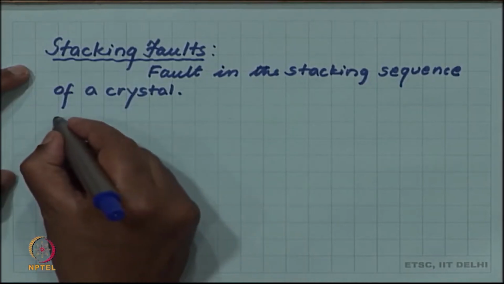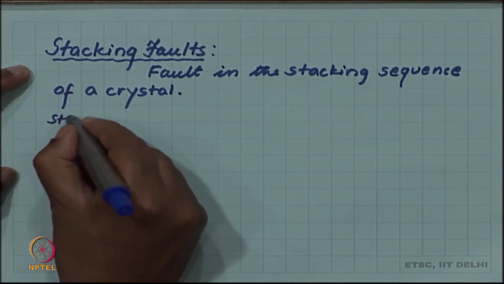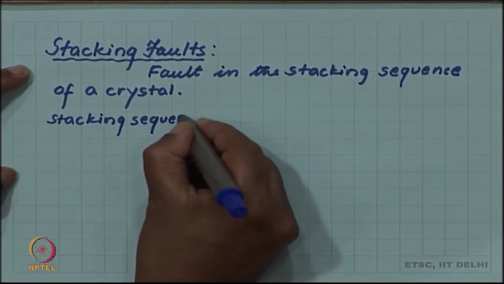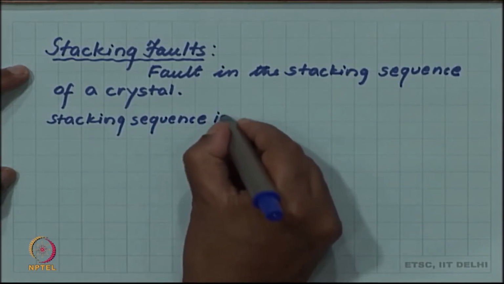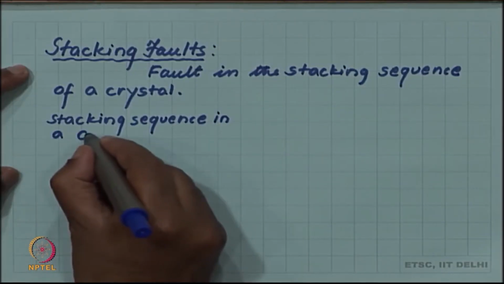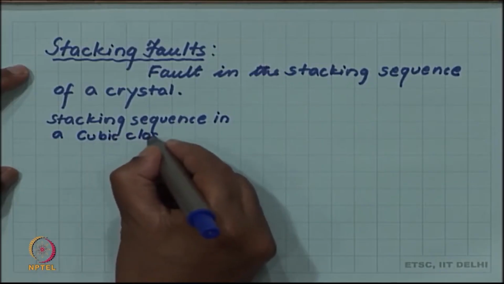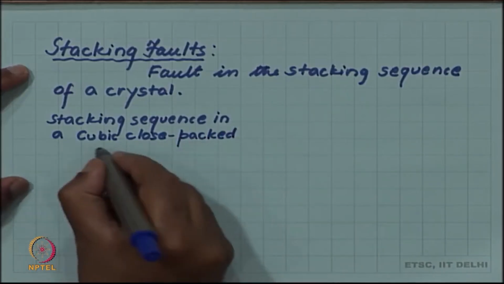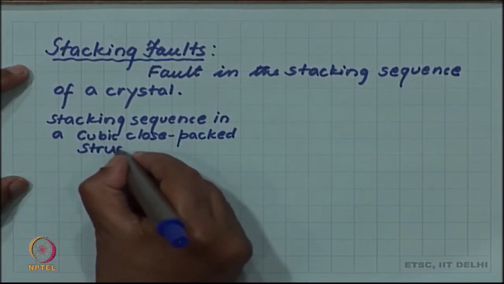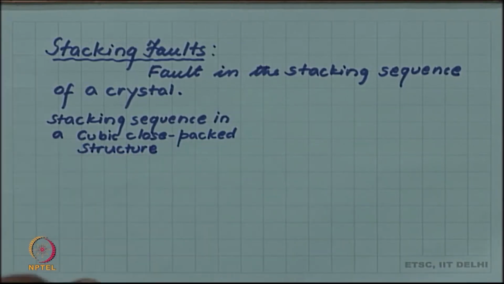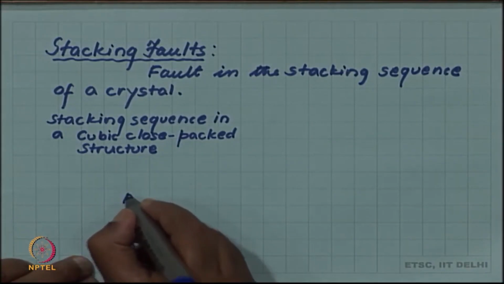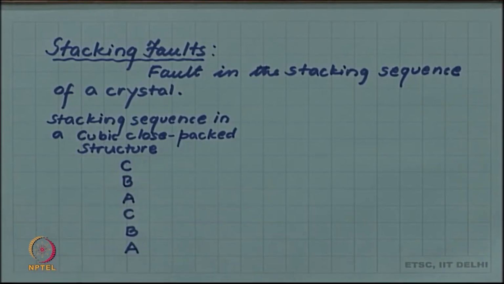So, let us take cubic close packed. So, we can think of the stacking sequence as A, B, C, A, B, C. Now, we can convert it to a faulted structure.